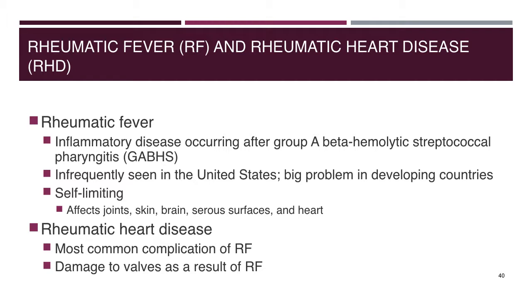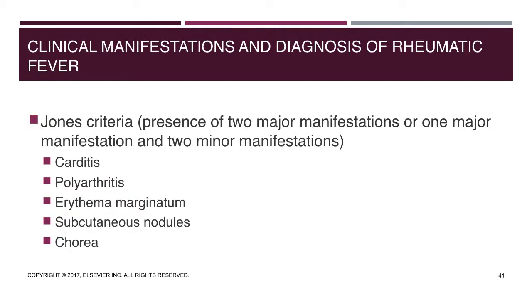And so what normally happens is that there's been damage to the valves as a result of the rheumatic fever. So the clinical manifestations are assessed by the Jones criteria. And in the Jones criteria, you need the presence of 2 major manifestations or 1 major and 2 minor manifestations.